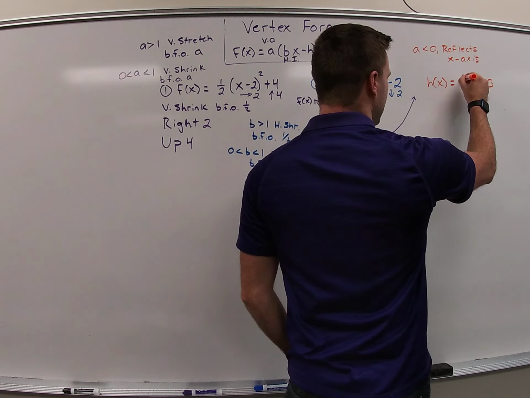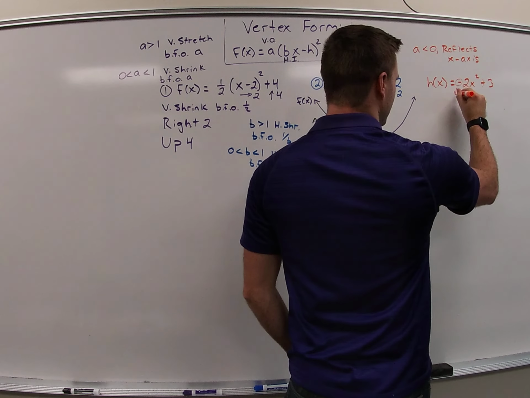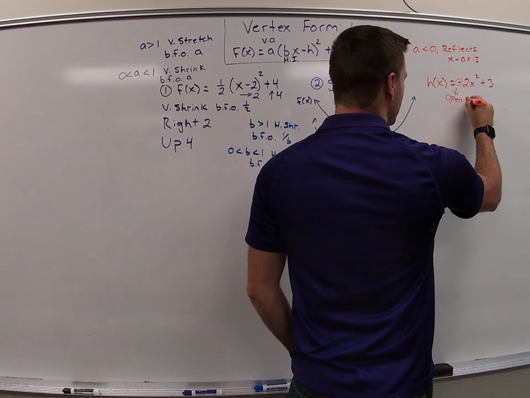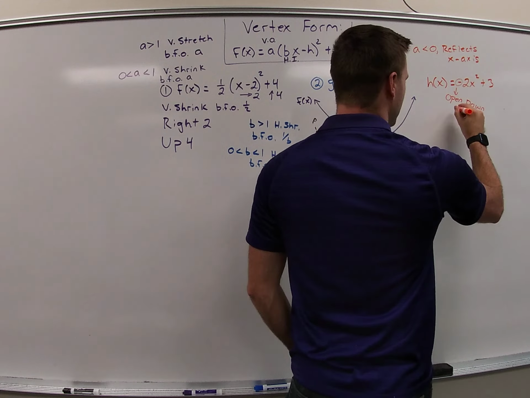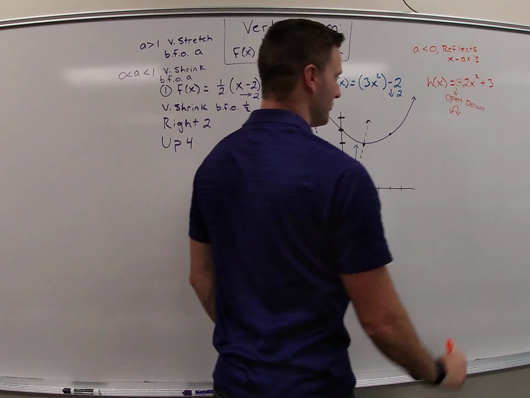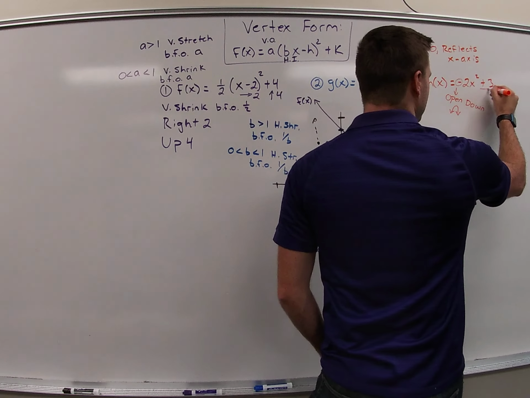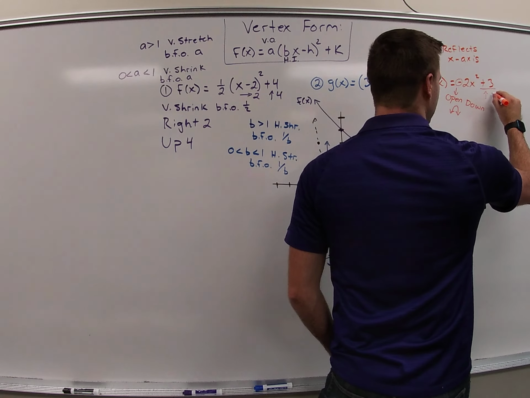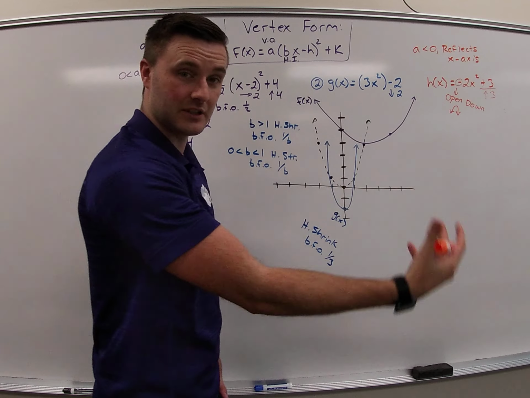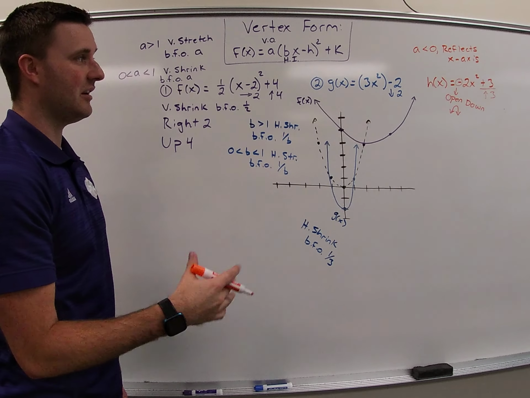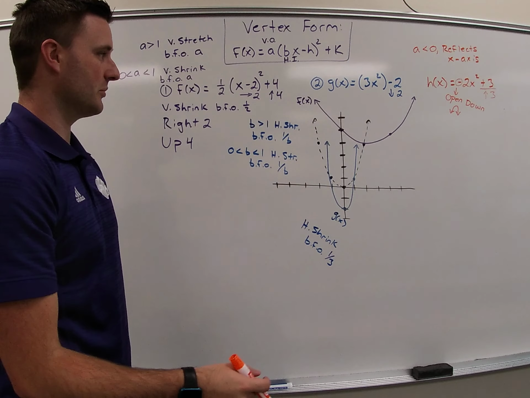So because of this negative, we're going to open down or reflect over the x-axis, or it's going to become an N-shaped graph. Okay. Because of this positive 3 here, this positive 3 means we're going to go up a distance of 3 because it's on the outside of our parentheses and it's separated by that plus or minus, so we're going to go up 3.